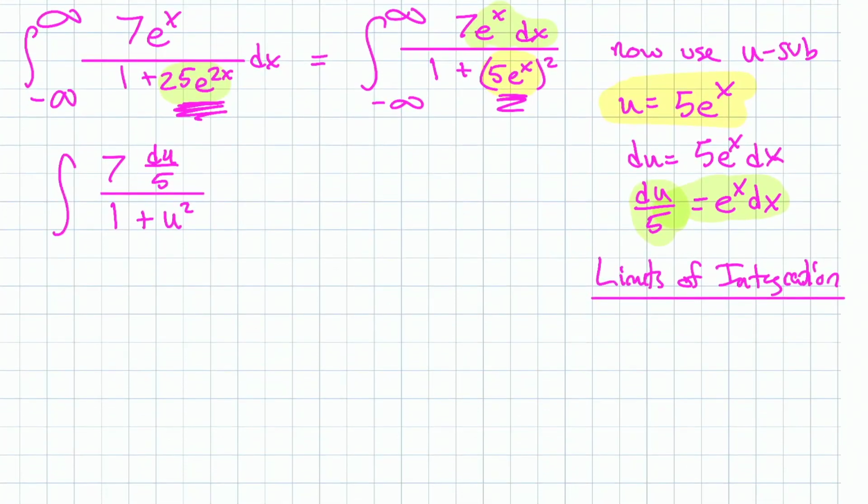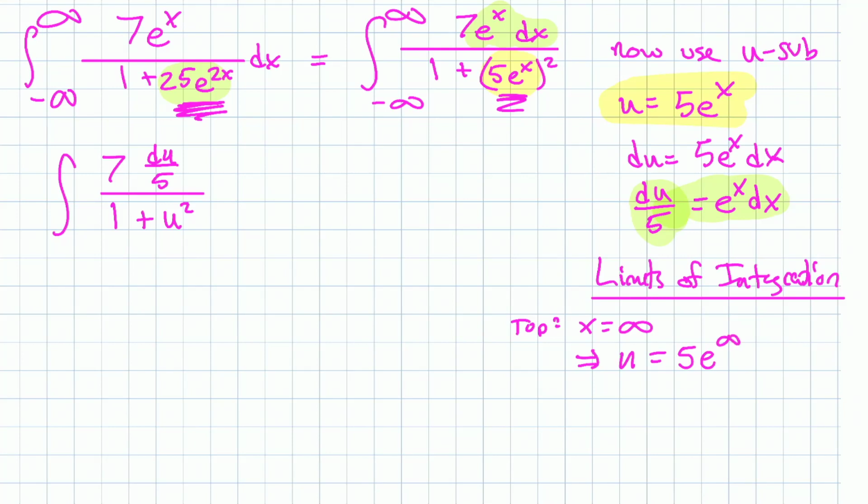So what's your top limit? Your top limit is x equals infinity, right? Well, if x is infinity, you plug that into your substitution, u would be 5e to the infinity.